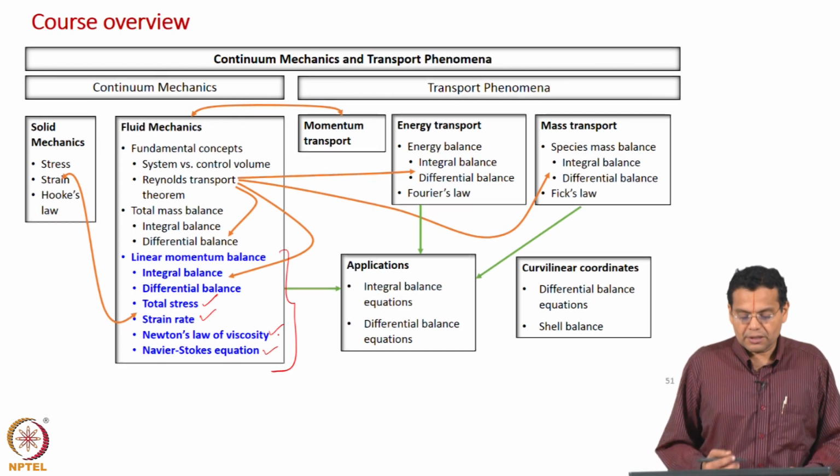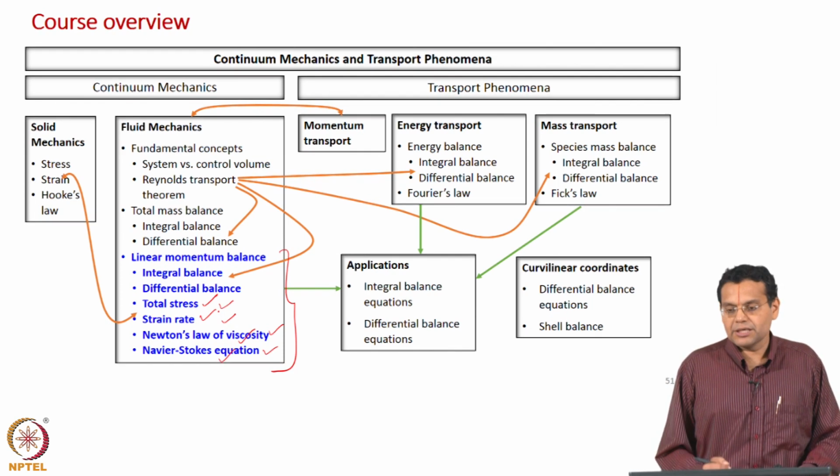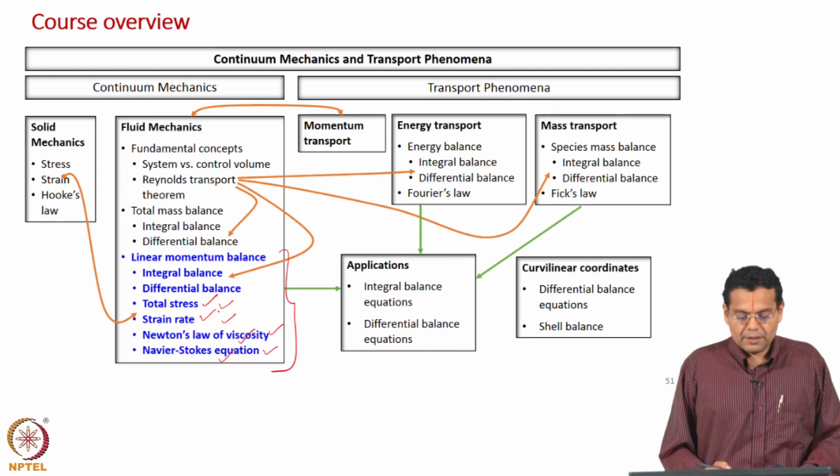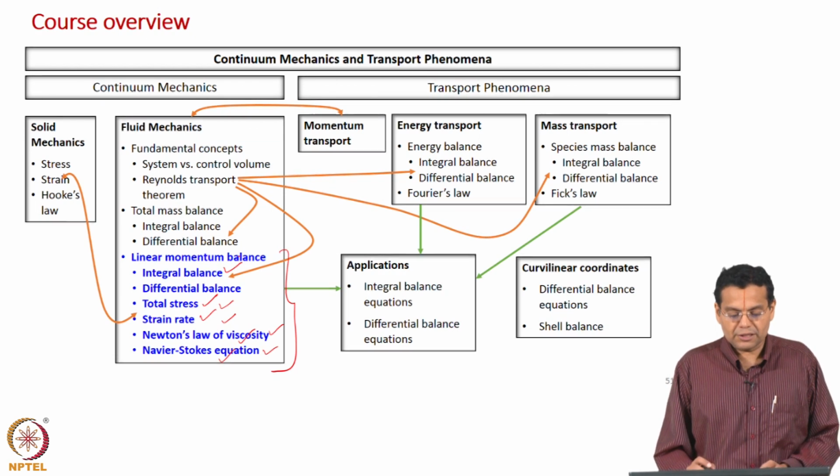Now, we have gone completely almost in the reverse direction. We used the Navier-Stokes equation, solved for the velocity profile, found out strain rate, used Newton's law of viscosity to find out total stress, stress vector, from that the shear force. Okay. And we also use the integral linear momentum balance to find out the total shear force acting on the plates.